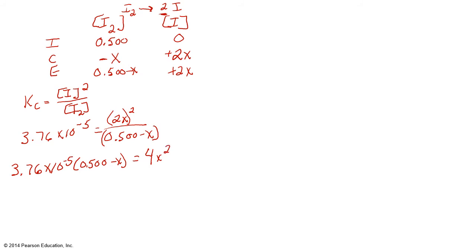Now we're going to multiply through, and we get 1.88 times 10 to the negative 5th minus 3.76 times 10 to the negative 5th x equals 4x squared.